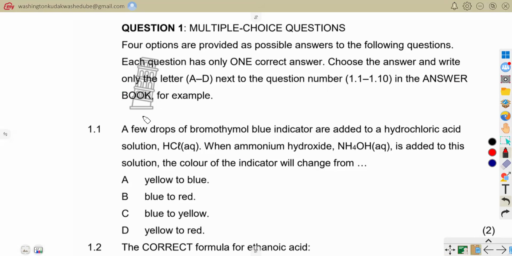Now they are saying a few drops of bromothymol blue indicator are added to hydrochloric acid. When ammonium hydroxide is added to this solution, the color of the indicator will change from what to what? We know that bromothymol blue is an acid-base indicator which changes color from blue to yellow in the presence of an acid.